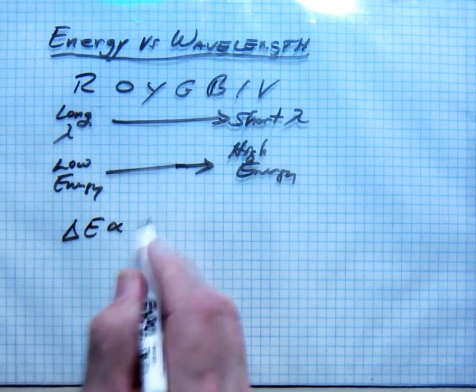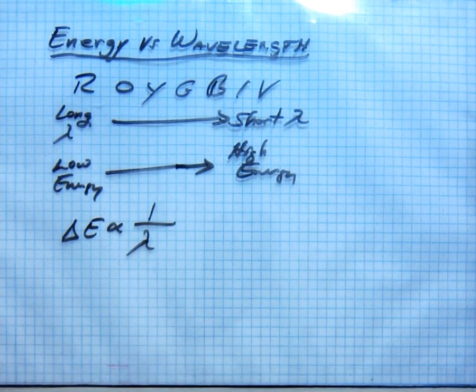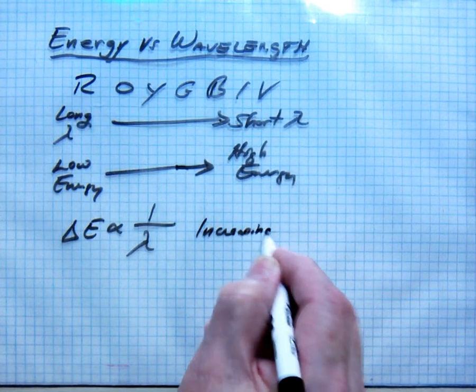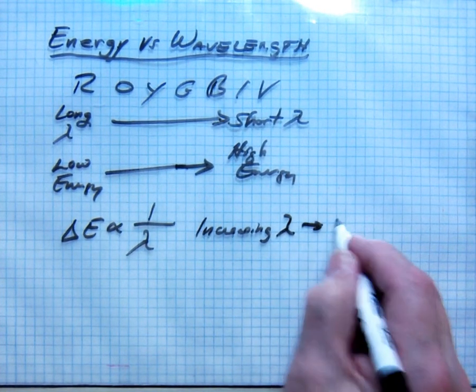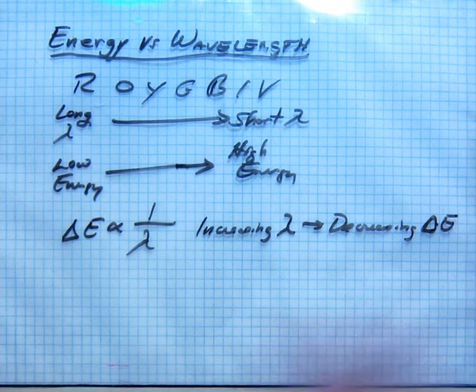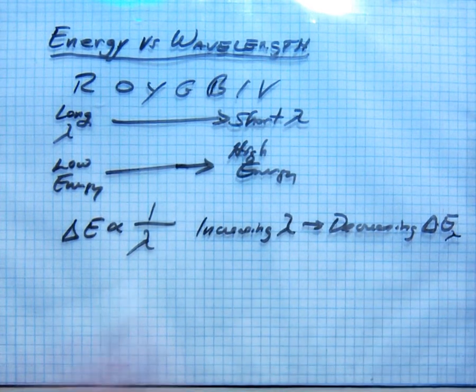Energy is proportional to 1 over wavelength, which simply means as the wavelength lambda increases, your energy factor of the wave decreases. And so we set it up as an inverse relationship. Now, the relationship here is still Planck's relationship.